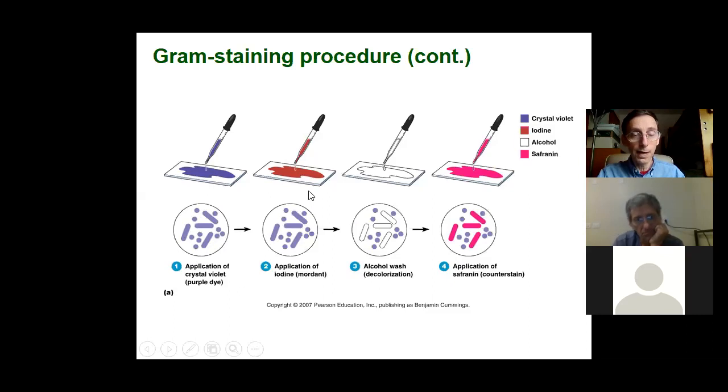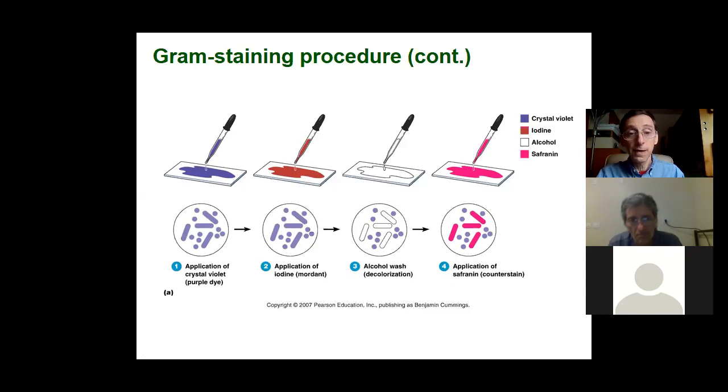When you apply the gram's iodine, which we're using as a mordant, not as a stain, there's really very little difference in the color of the cells. You could say that they're a little bit darker, or a more intense purple.